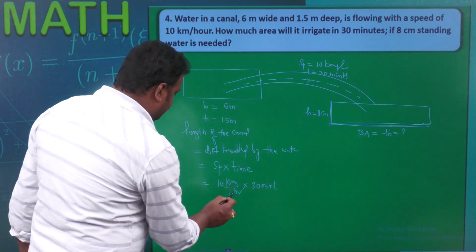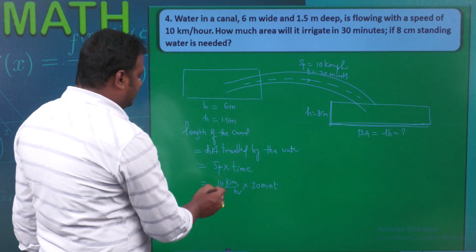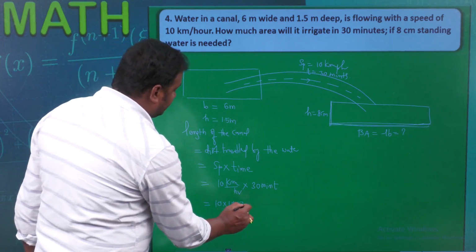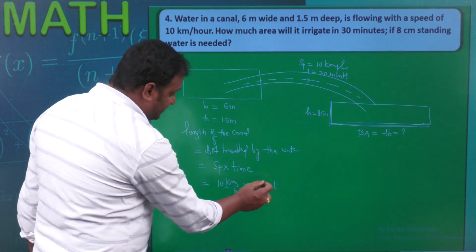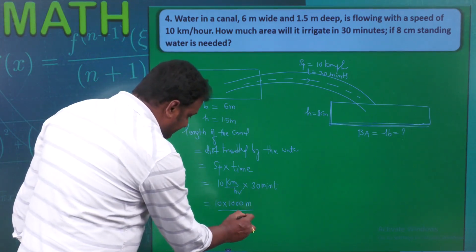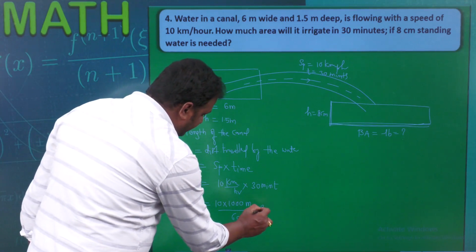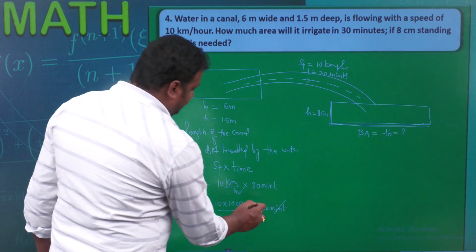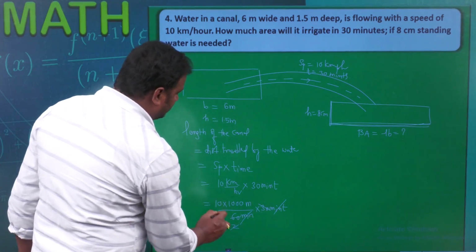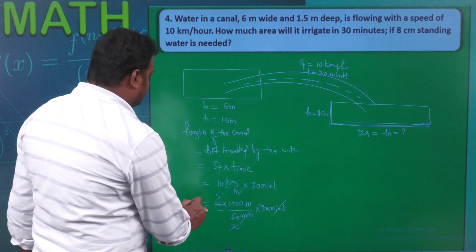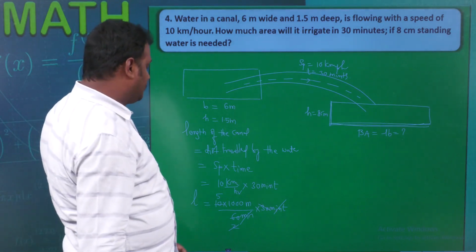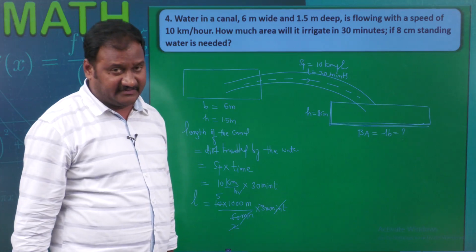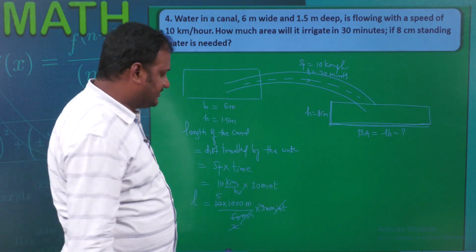Now observe here, 10 kilometers, right? 1 kilometer is equal to how many meters? 1000 meters, divided by 1 hour, which is how many minutes? 60 minutes, into 30 minutes. Right? So here minutes can be cancelled. 30 ones, 3 twos are 60, 2 ones, 2 fives are 10. Therefore, length of the canal is equal to 5 into 1000, which is 5000 meters.